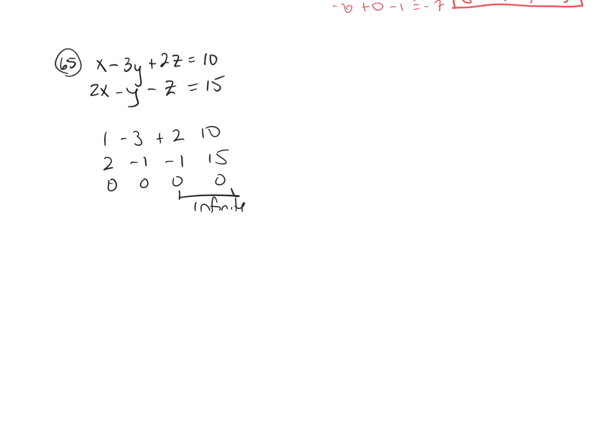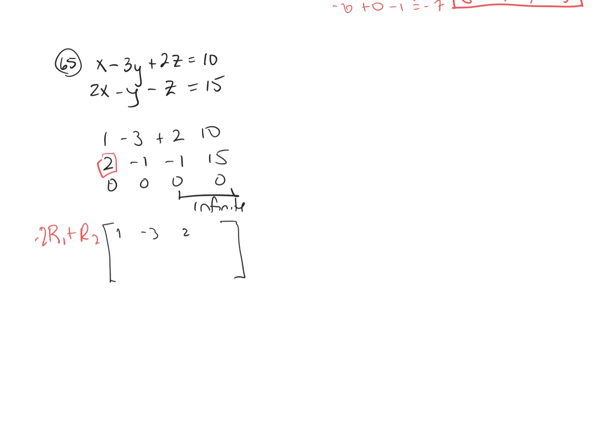Now, we could go old school with just the variables, but since we're playing with the matrices, let's do the steps. I know all the zeros are down here, but let's get a 0 here. So I'm going to take row 1, multiply it by -2, the opposite, and add it to row 2. Row 1 doesn't change, so I'll have 1, -3.